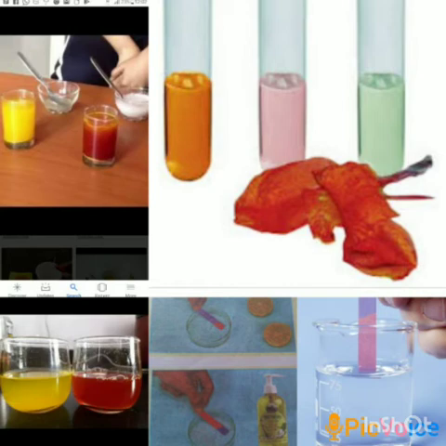Juice of China rose petals can also be used as a natural indicator. It turns dark pink when added to an acid and turns green when added to a base. One more commonly used indicator is phenolphthalein.